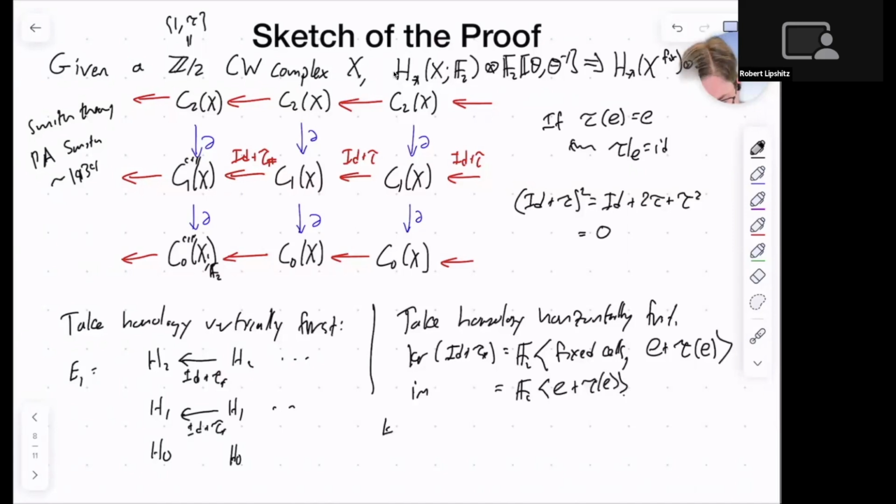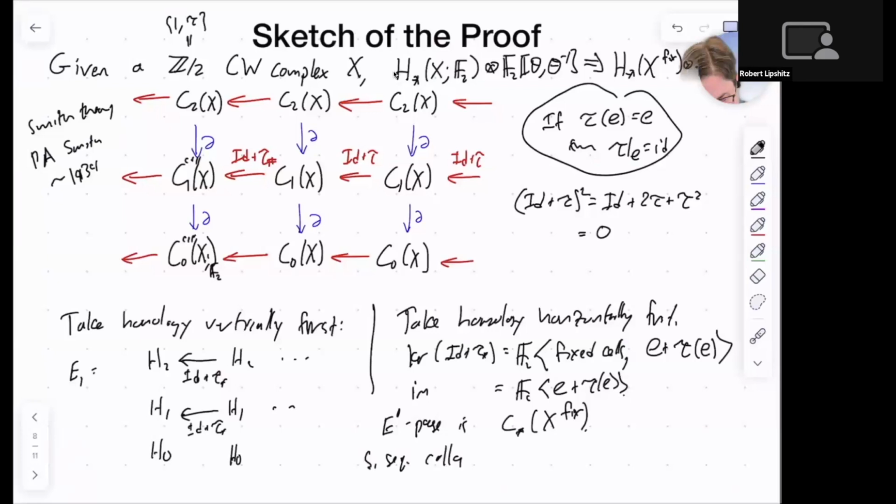So the E1 page is just given by the chain complex of the fixed set. And it's easy to see the E1 differential is induced by the boundary, so it's the differential in the cellular chain complex of the fixed set. Because the chain complex of the fixed set is a subcomplex, which follows from the strong condition, the spectral sequence collapses at E2, which is the homology of the fixed set. So there you got the right-hand side.